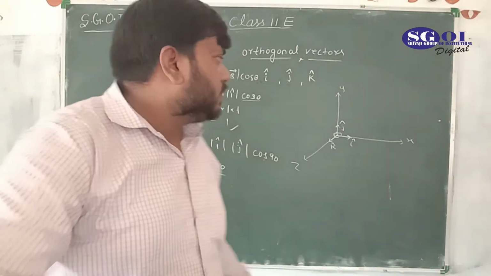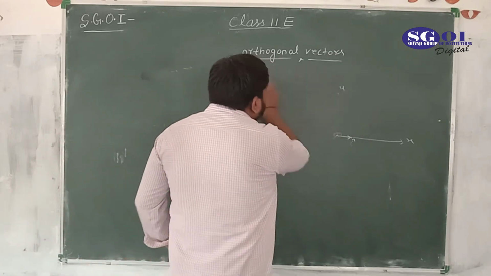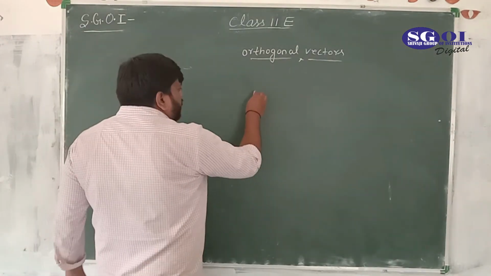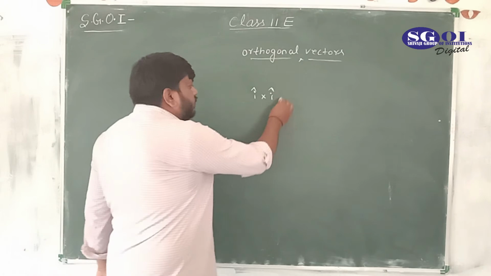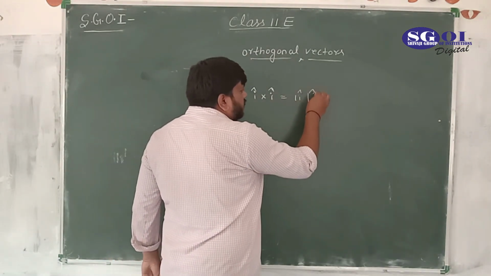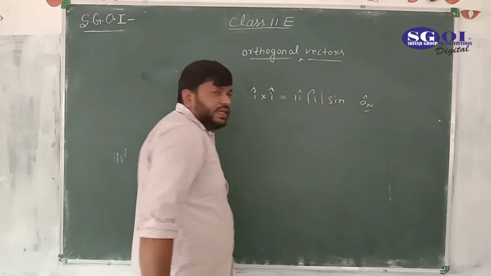Now what about the cross product? Let's see. i cross i. What is i cross i? Mod i mod i sin theta n cap. We will find the direction later.